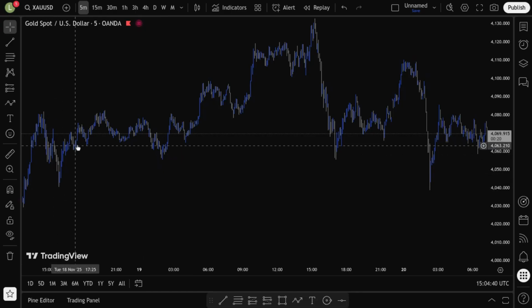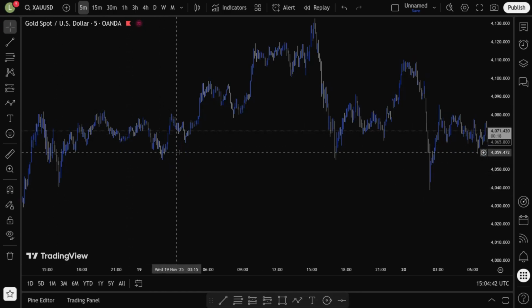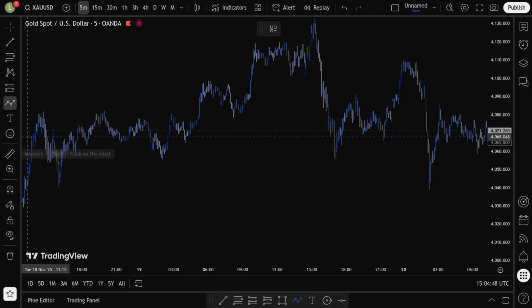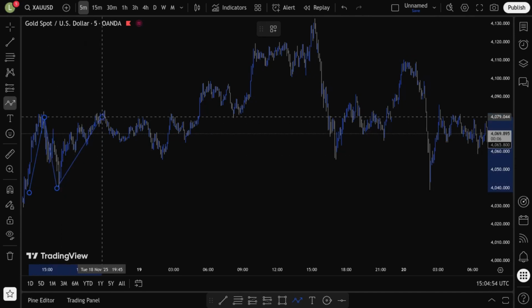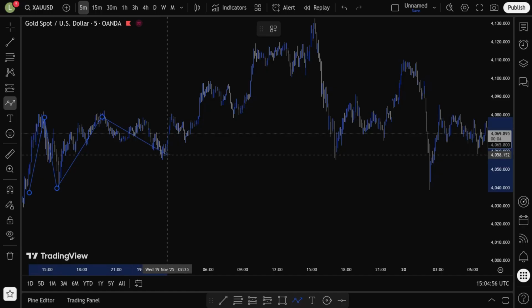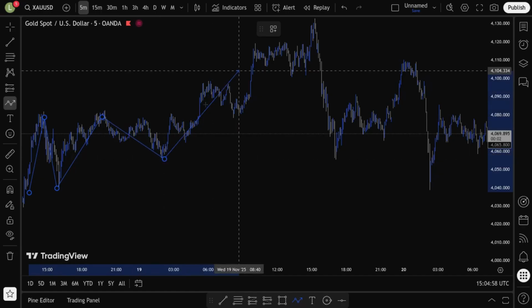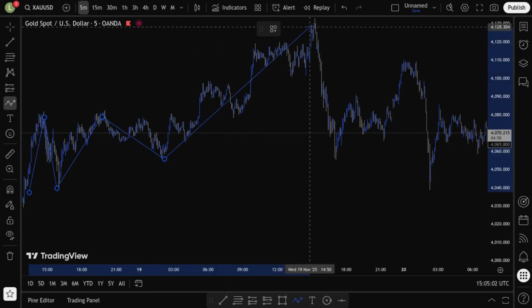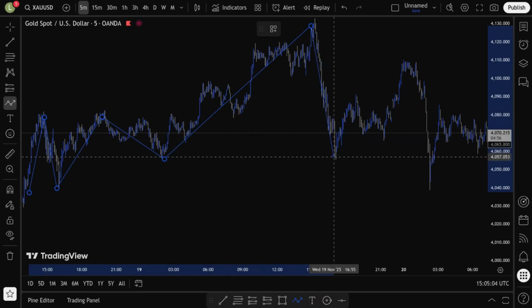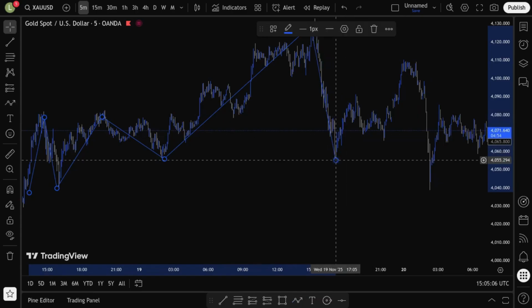Price came here from this low, and this is the second low. What happened? Price came and swept it. That was the liquidity sweep we're looking for.